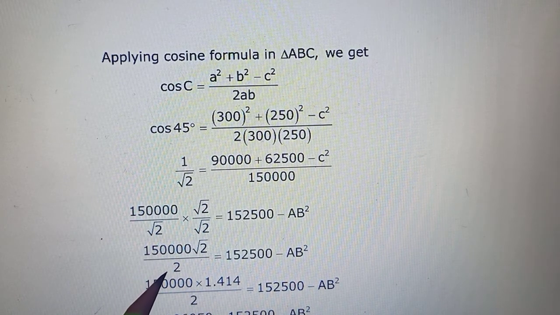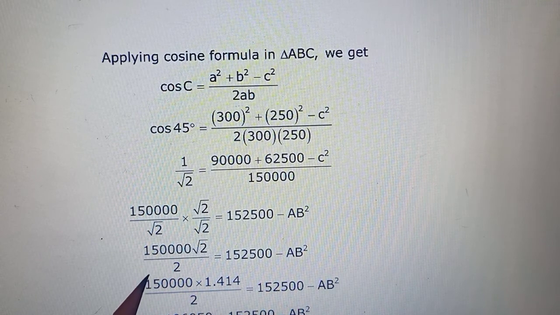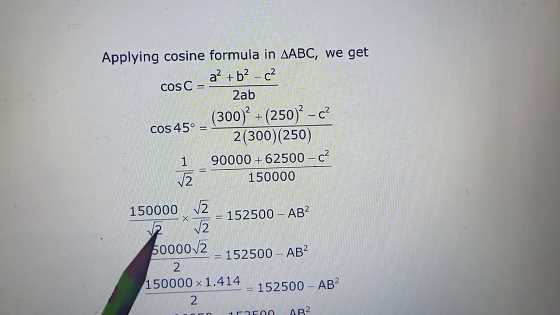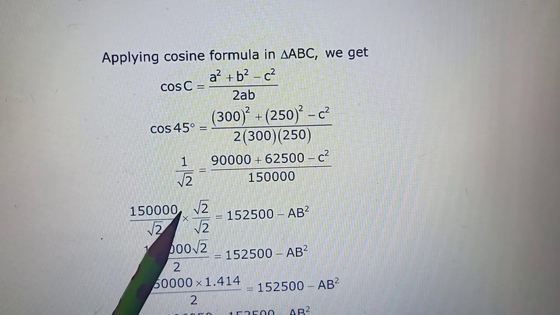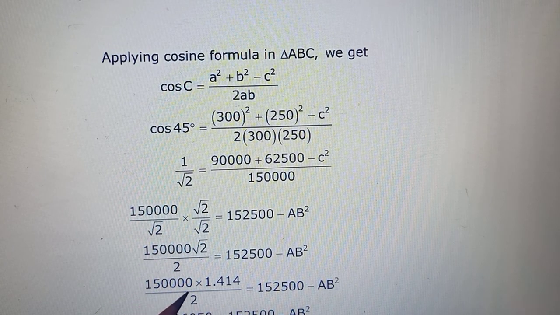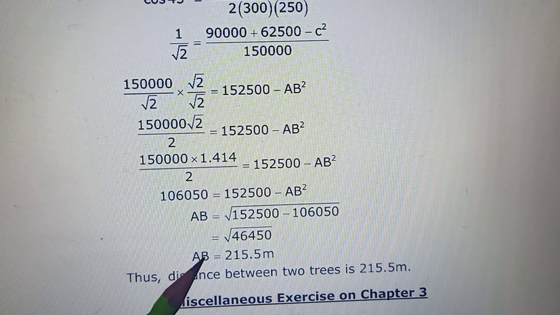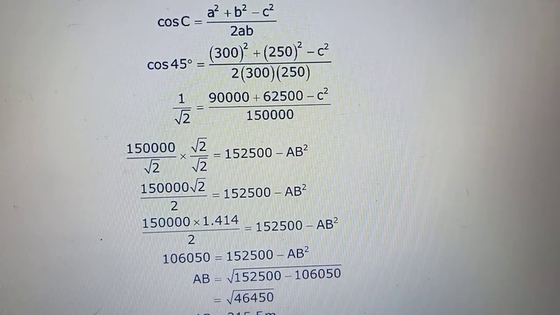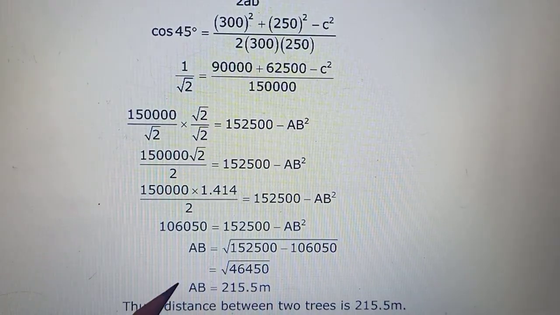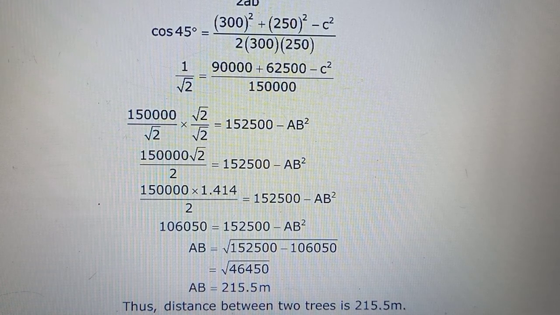Just put your values, calculation, and I think in the question they have mentioned to take root 2 as 1.44, so you have to put the value, otherwise आप root के terms में भी answer छोड़ सकते हो. Okay. So anyways, if that has to be done, then you work it out and you get the distance between the trees, 215.5 meters. All right.